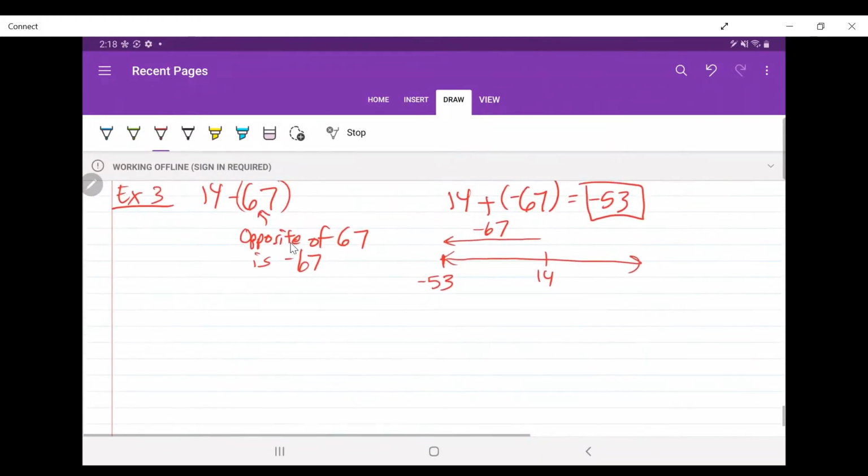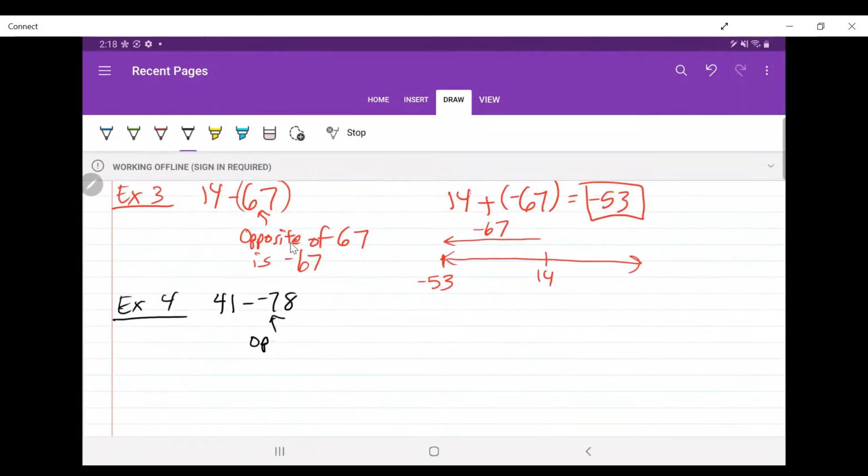And then example 4, we're going to have a positive subtracting a negative. So 41 minus -78. The opposite of -78 is +78.